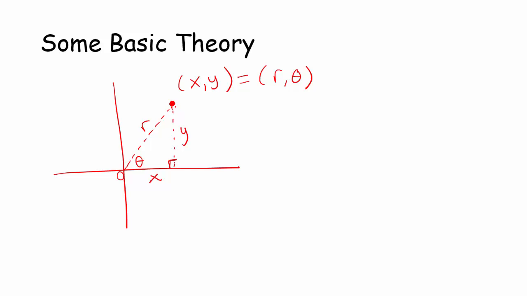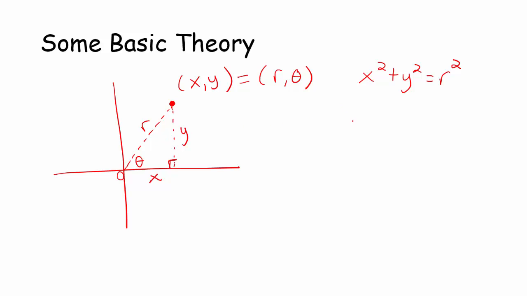So that's the basic theory here. Now there's some nice math that connects all of these values together. What sort of equations can I write using this picture? The most famous one is x squared plus y squared equals r squared. That connects together the x and y value of a point with the distance that the point is to the origin. That's great. And then we could write all sorts of trig equations here.